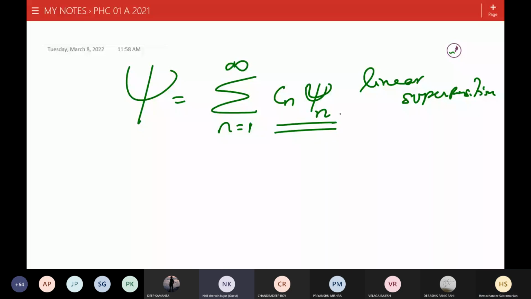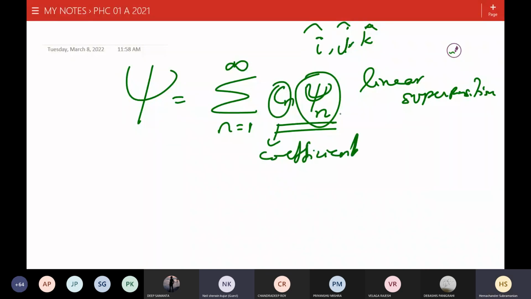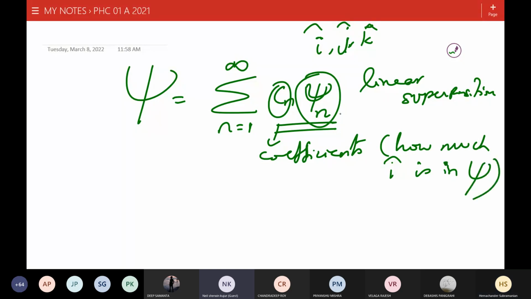These are my i, j, k's, and these are the coefficients that tell you how much of psi n is in psi. Does it make sense? Are you guys with me still? Yes, sir. Now that summation in general makes sense.